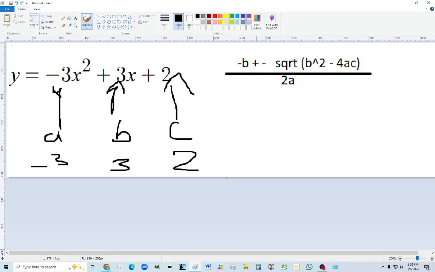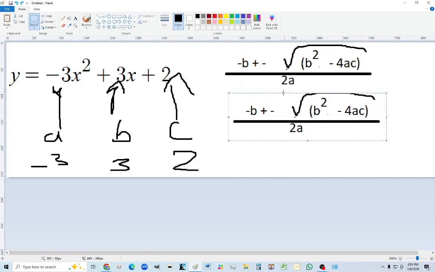I'm just going to put it in its proper way. B squared would be like that, and square root would be like that. And this plus minus simply means we do it once with a plus and once with a minus. And we would just plug in our numbers.